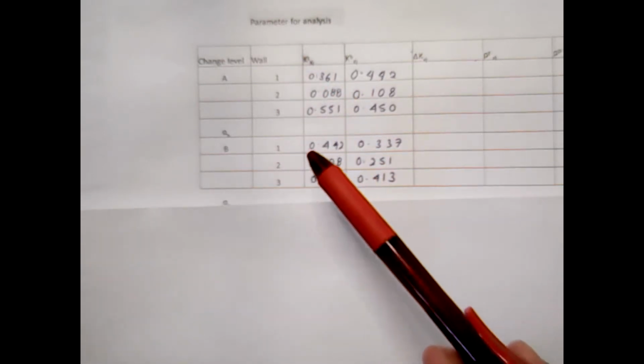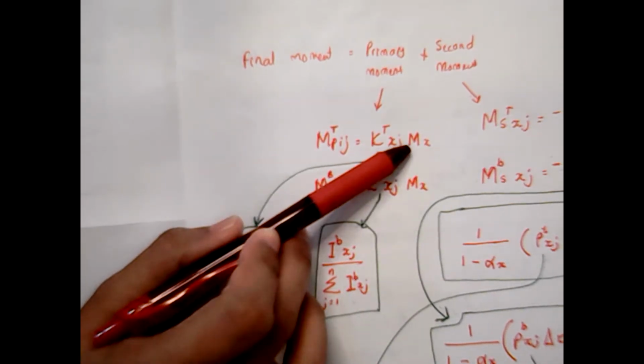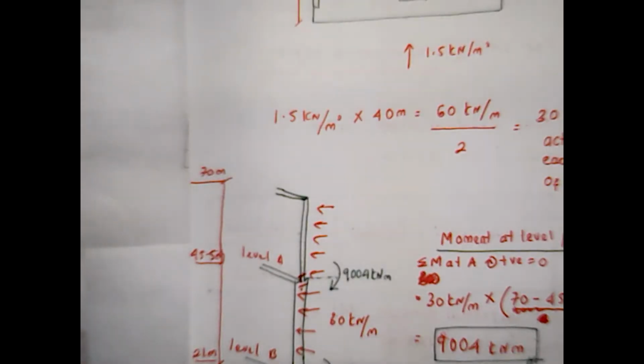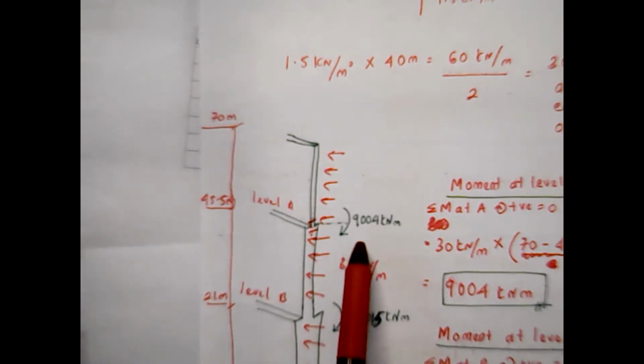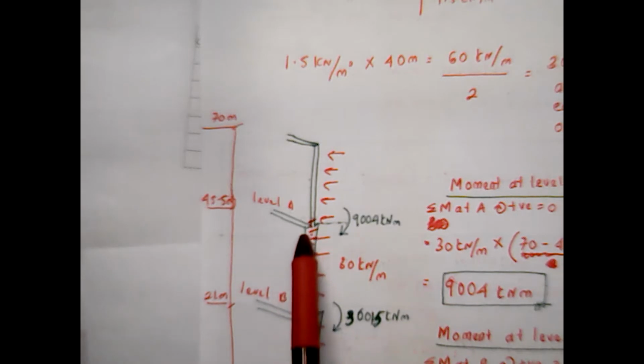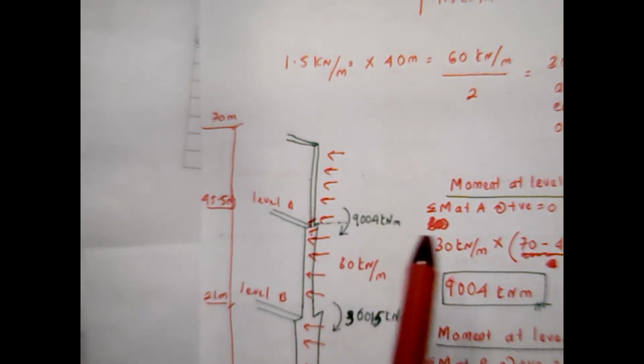Bear in mind, I would like to remind that the initial distribution is used to distribute the external moment at top and bottom at the interchange level, in which you distribute this moment, which is 9004 kilonewton meter, which you have calculated at interchange level A.